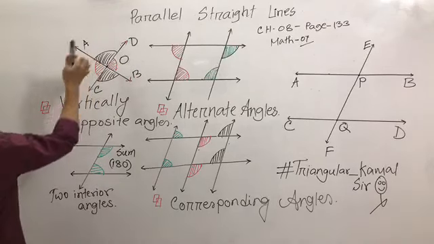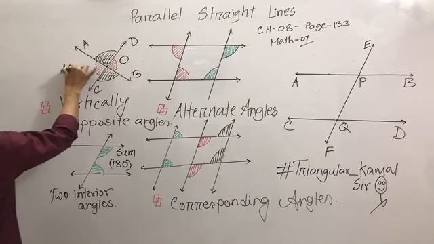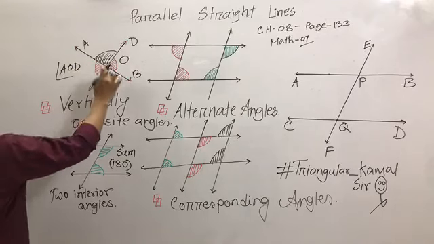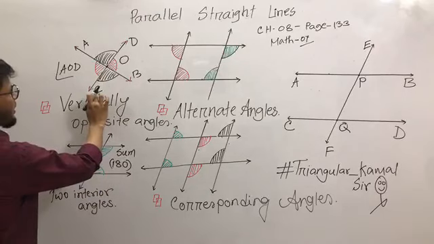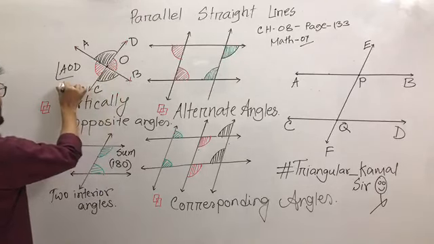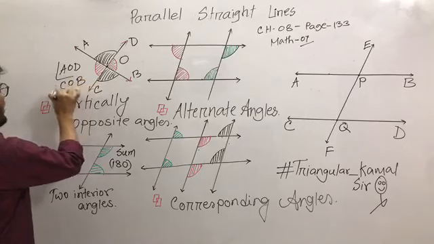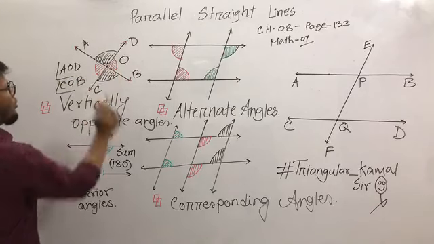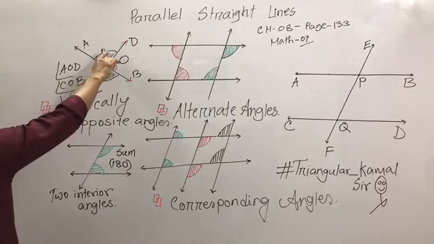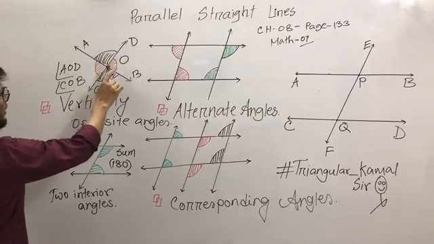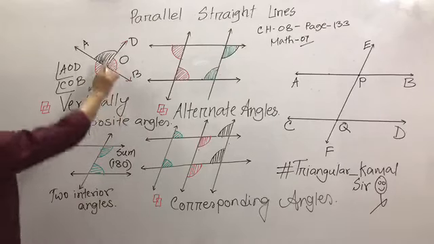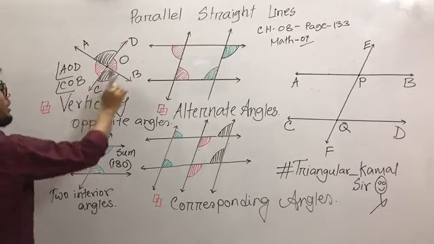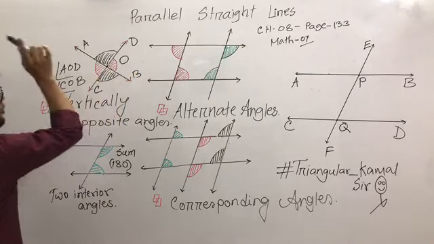If we consider angle AOD, its vertex is at O, and if we consider angle COB, its vertex is also O. So here the first, second, third, fourth angles have the same vertex. And this one is the opposite of this one; the right one is the opposite of the left one.